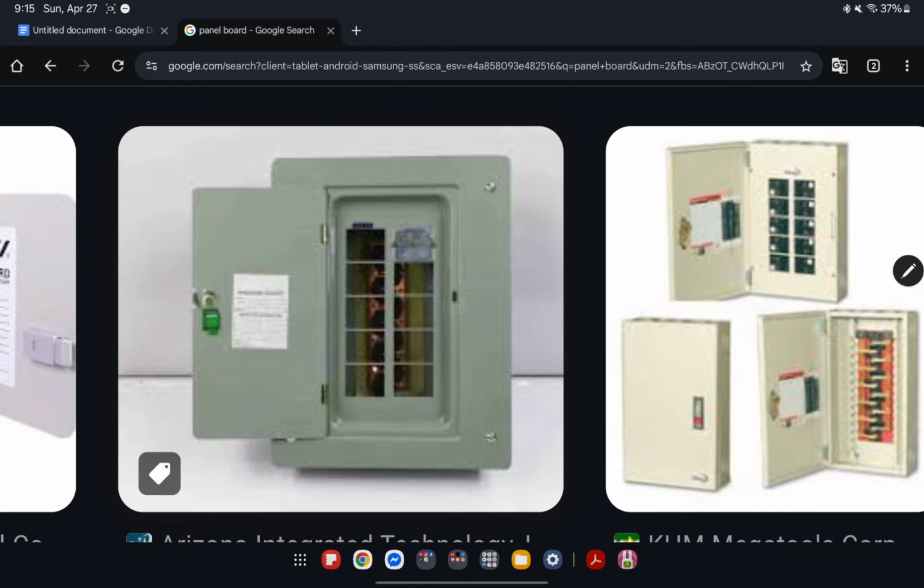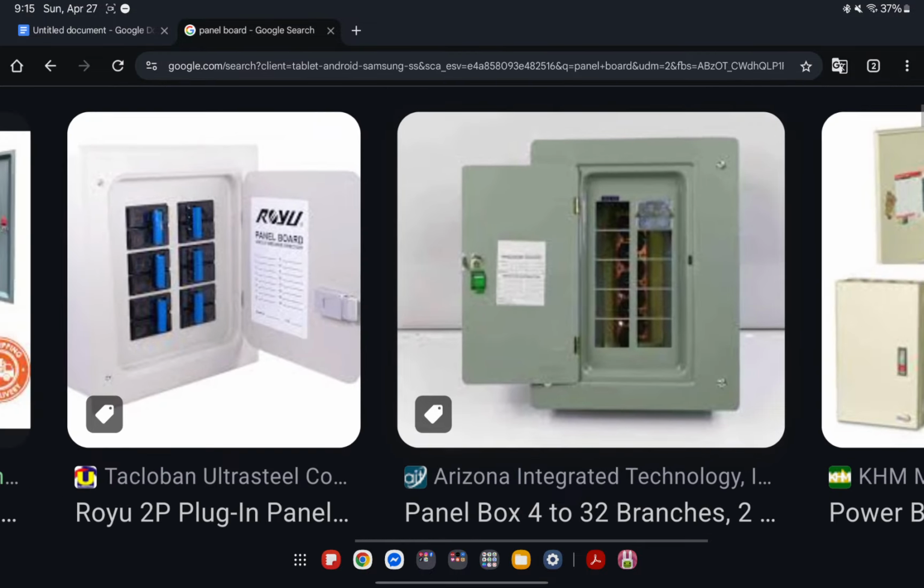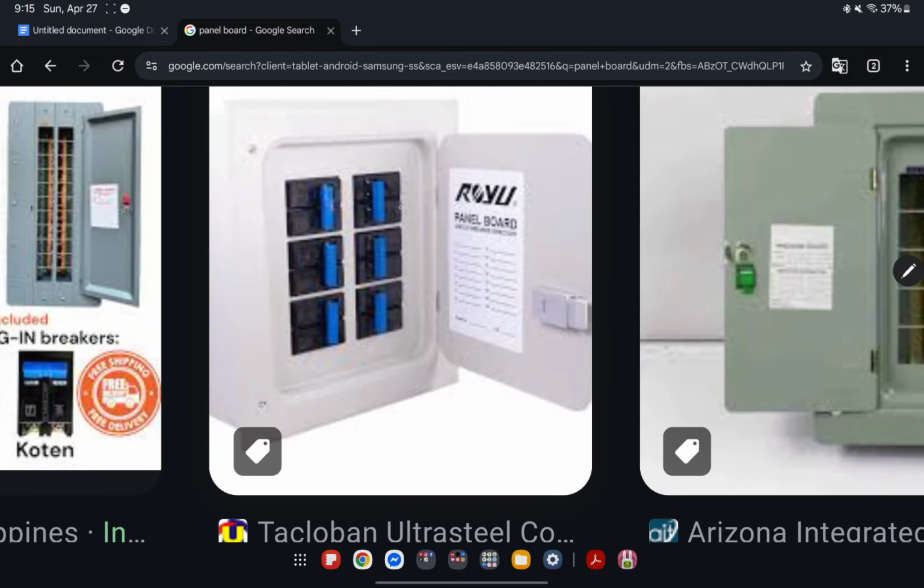If this circuit or some specific circuit tends to overload, or there's something wrong with the circuit, this will trip off, meaning it will move from on all the way to the off side. So this will trip on its own. Again, this is used to turn on and off each circuit. So this is one whole panel board with circuit breakers for each individual circuit.